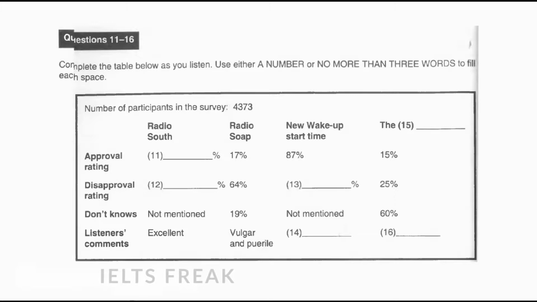For questions 11 to 16, complete the blank spaces in the table as you listen.